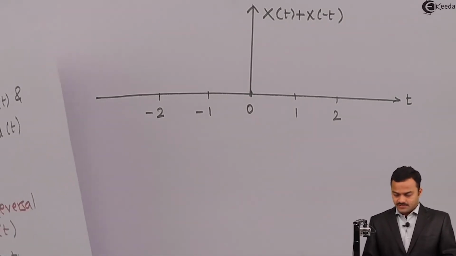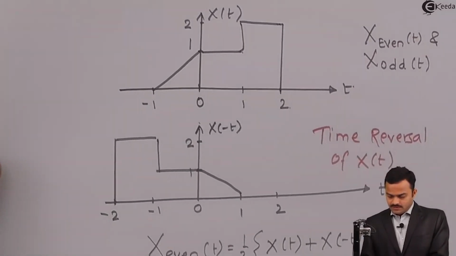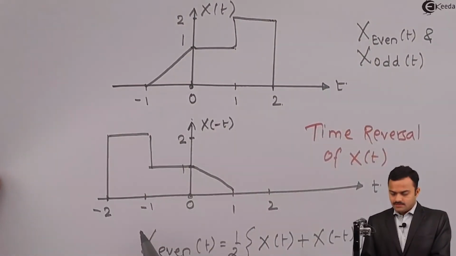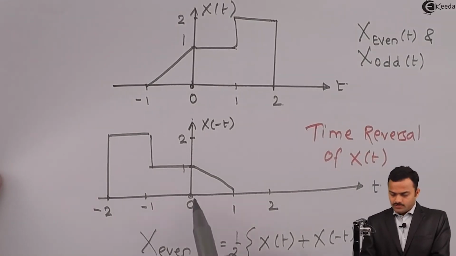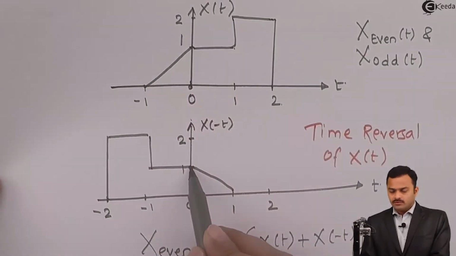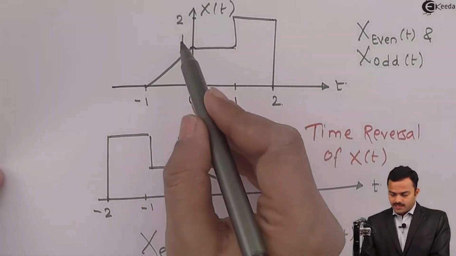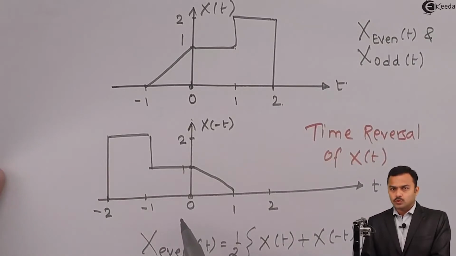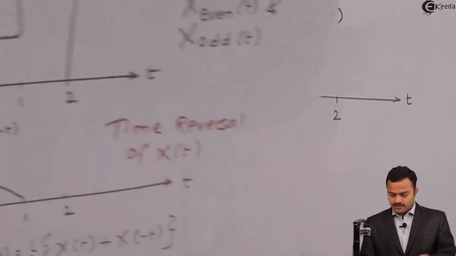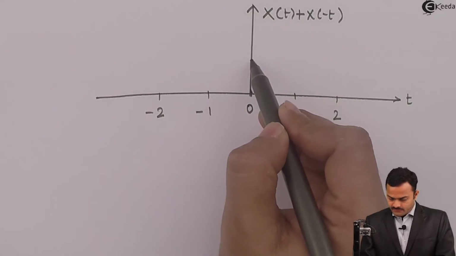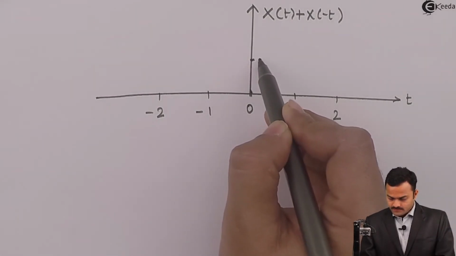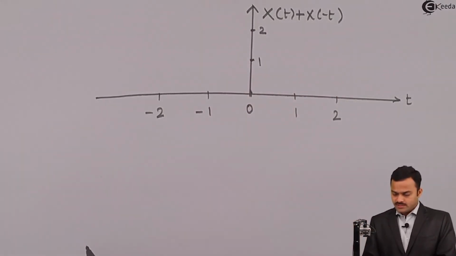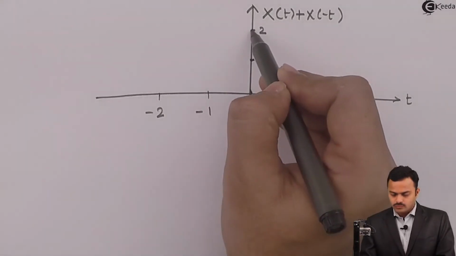Let's add the signals now. Let's start with the 0 instant. I can see for both the signals, for t equal to 0, the values are 1 and 1. So I can add these to give you 2. So somewhere here is 1 and over here it's 2. So for t equal to 0, I will get the value equal to 2.